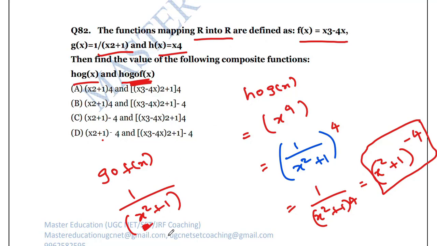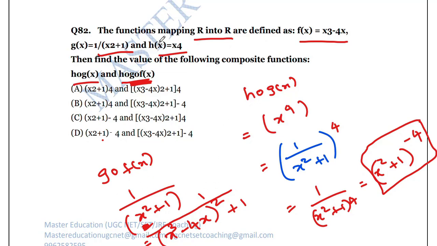So what is f of x? X cube minus 4x. So x cube minus 4x the whole squared, plus 1, is the answer. So this is my g of f of x, right? Now this I have to apply to the h of x.